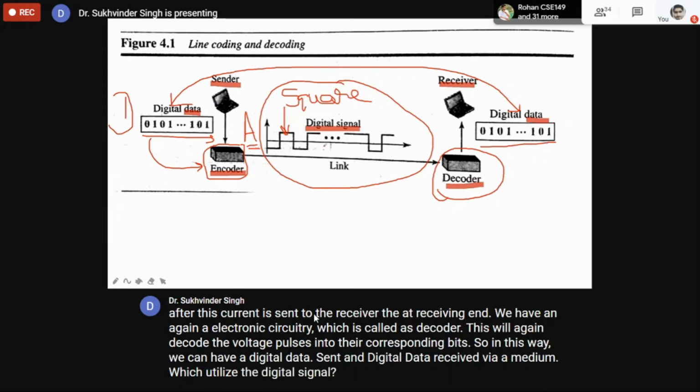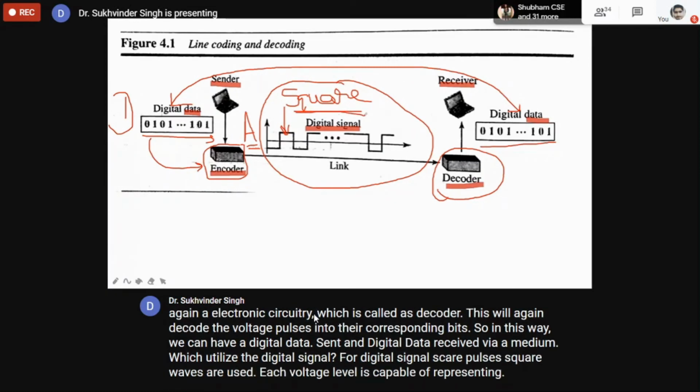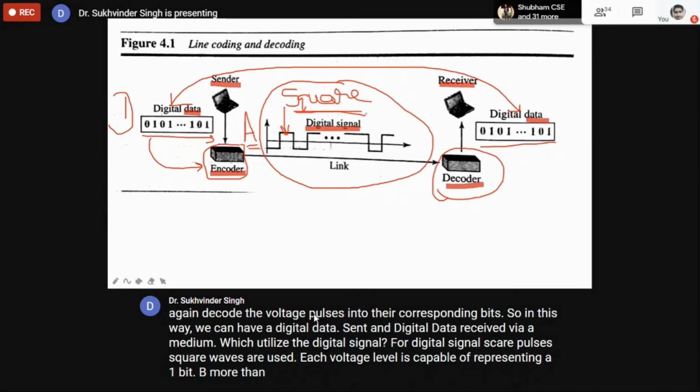For digital signals, square pulses, square waves are used. Each voltage level is capable of representing a) 1 bit, b) more than 1 bit, c) less than a bit. So this is how the line coding scheme works.